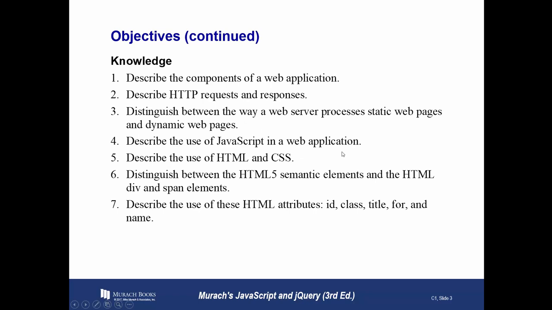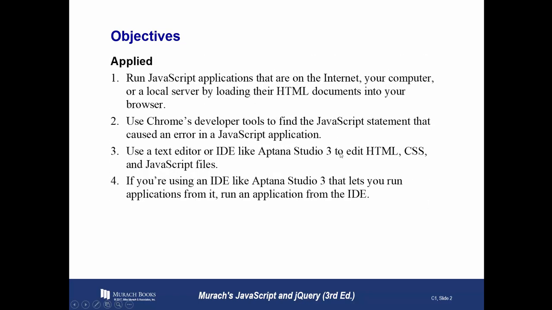As you can see here, we have 4 applied and 12 knowledge objectives. Run JavaScript applications that are on the internet, your computer or local server by loading the associated HTML documents into the browser. Use Chrome's developer tools to find the JavaScript statement that caused an error in a JavaScript application.